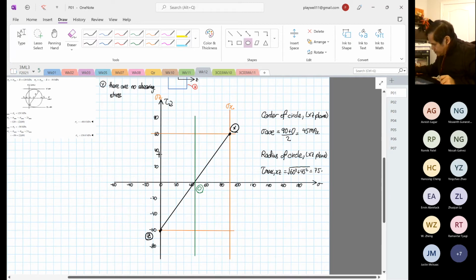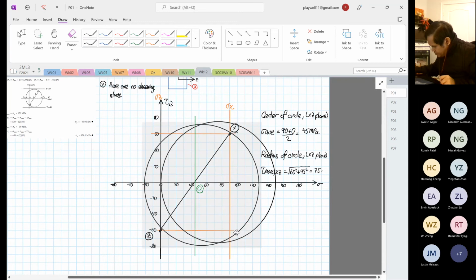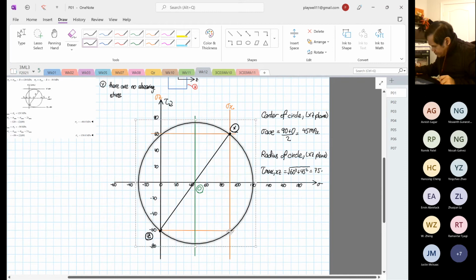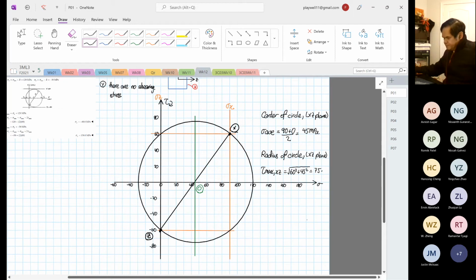Our first circle, 75, and it's going to 150. Okay, so that's the position of our first circle.